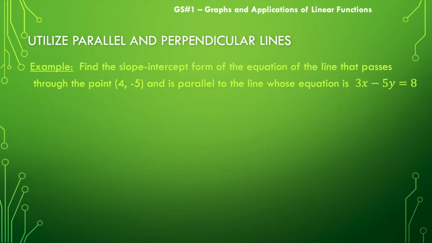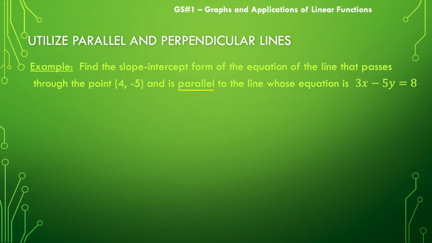All right, so this time we want to find the slope-intercept form of the equation of the line that passes through the point 4, negative 5, and is parallel to the line whose equation is 3x minus 5y is equal to 8. So this looks very similar to what we did before, except that our equation is not in slope-intercept form.